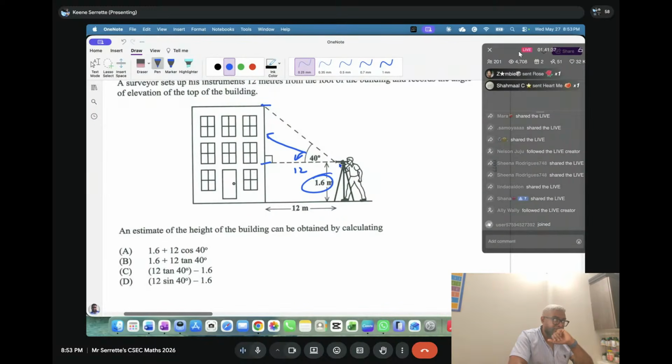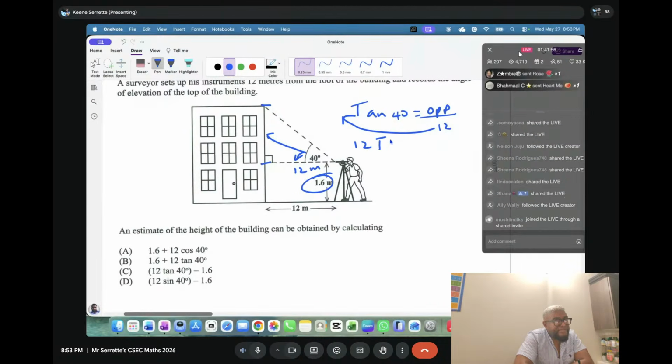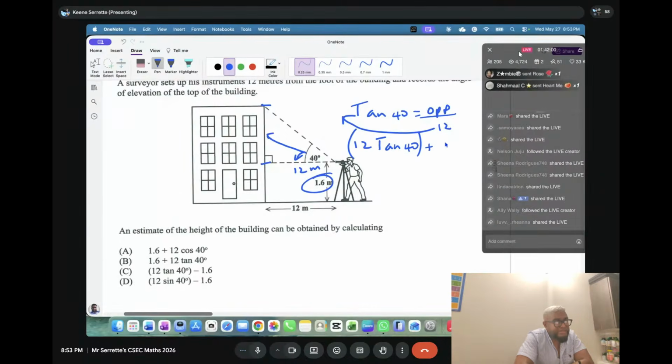This is 12 meters. Opposite over adjacent, that would be tan. So tan 40 would be opposite, which is what we're trying to find. So put opposite over adjacent, which is 12. You carry 12 there, what you going to do? Multiply it. So it'll be 12 tan 40 plus the 1.6.